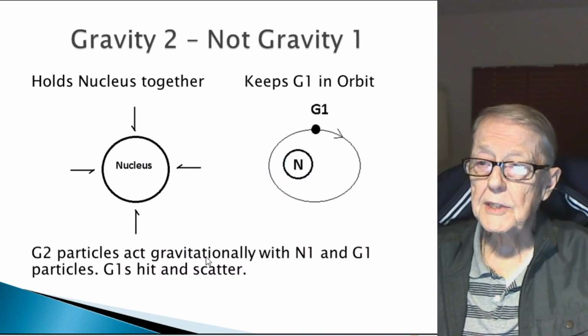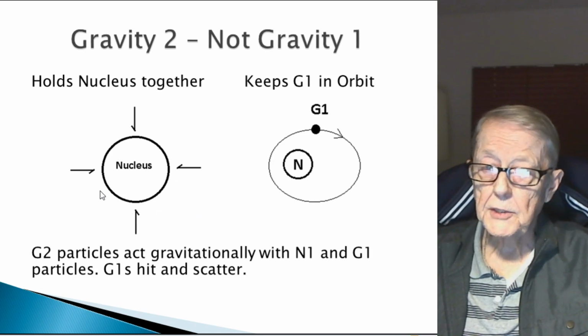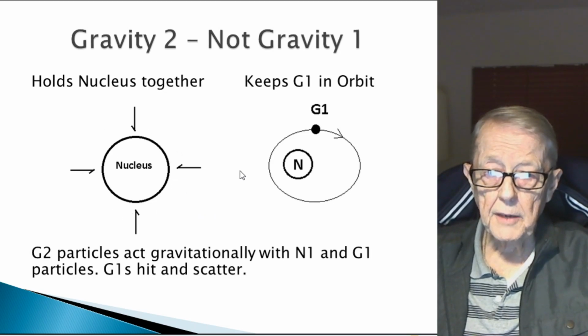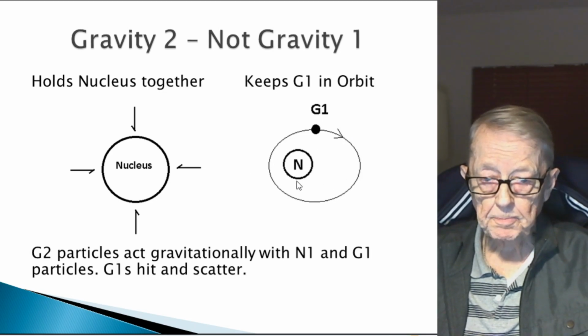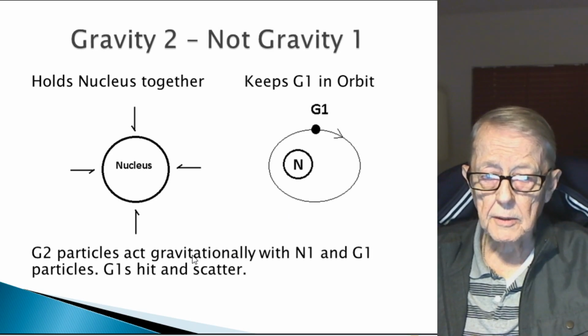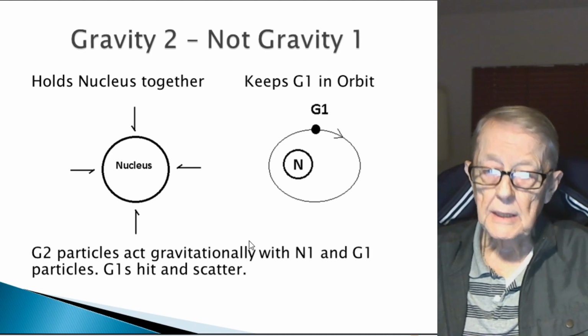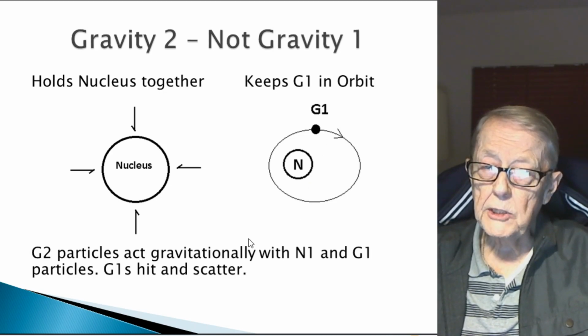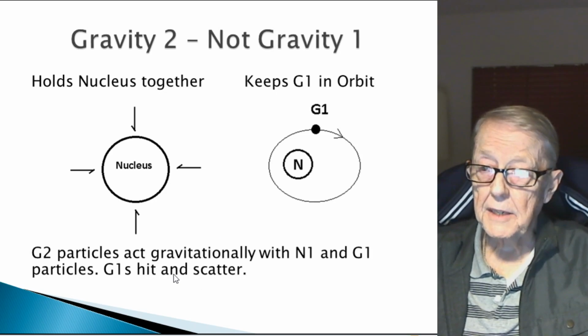Gravity 2 does the same thing at the atomic level. It holds the nucleus together, and it keeps the G1 in orbit around the nucleus or around the nucleon. G2 particles act gravitationally with the N1 particle and the G1 particle. But when G1 hits G1s, and this is a key point, G1s hit and scatter.